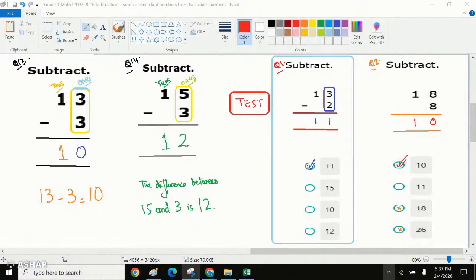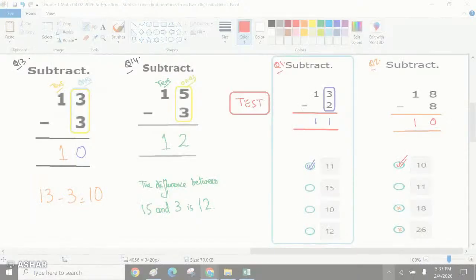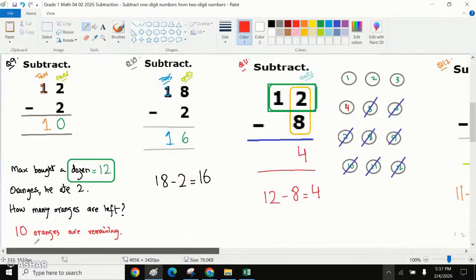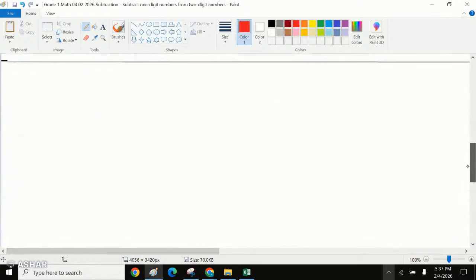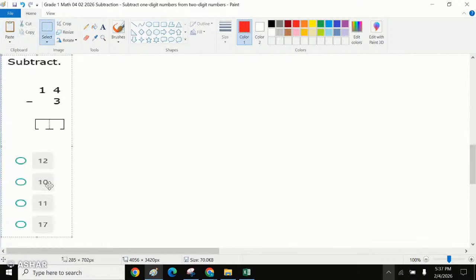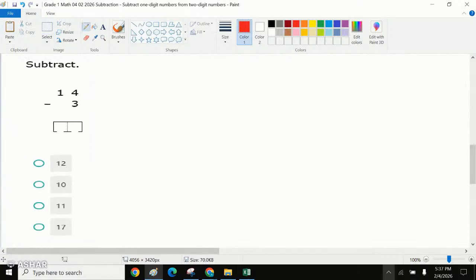Question number 3 states, subtract 14 minus 3. Let me just put the question on the screen. That is the third question from the test. Sorry. This is our question number 3.